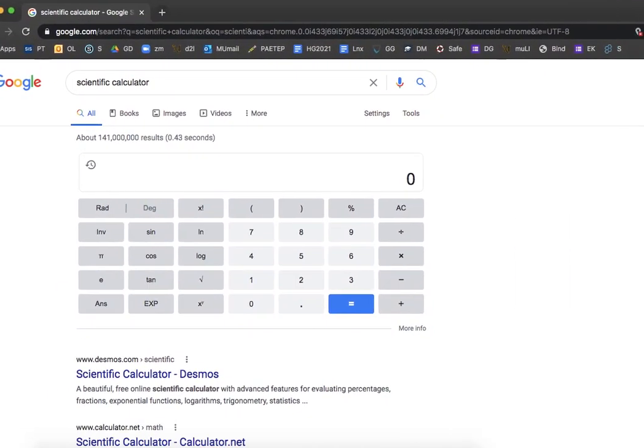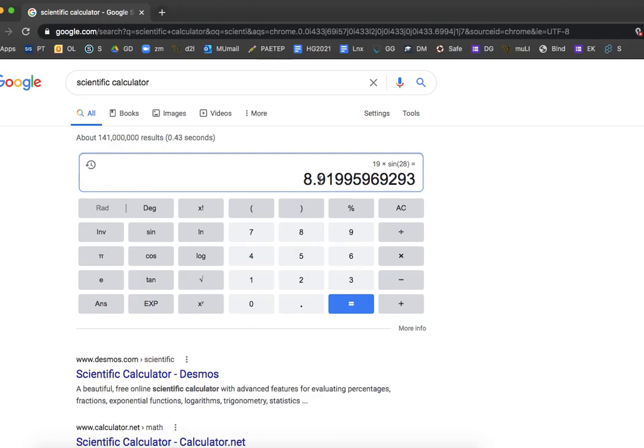We have 19 times the sine. We want this to be in degrees, not radians. Click degrees. The sine of 28, close paren. Enter.